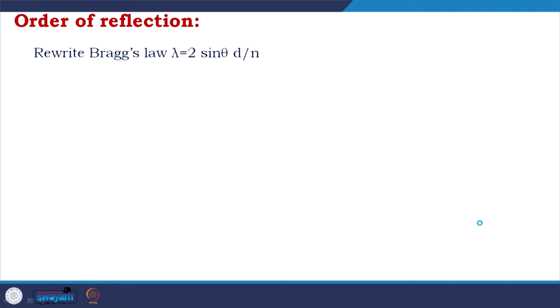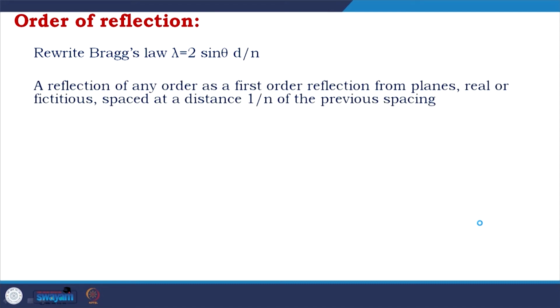So, we are rewriting Bragg's law as lambda equal to 2 sin theta into d by n. d is the spacing and n is the periodicity. A reflection of any order is a first order reflection from planes, real or fictitious, spaced at a distance 1 by n of the previous spacing.